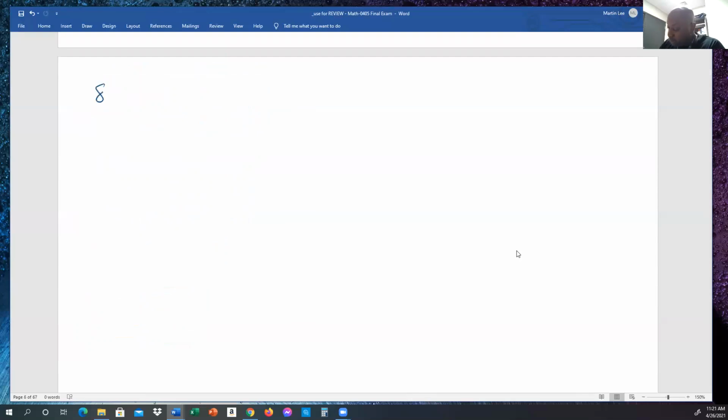Okay, for number 8, a gallon of paint covers 300 square feet. How many gallons of paint will be needed to cover the side of a building that measures 120 feet by 80 feet?